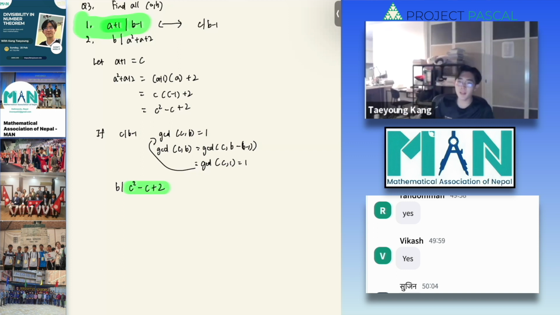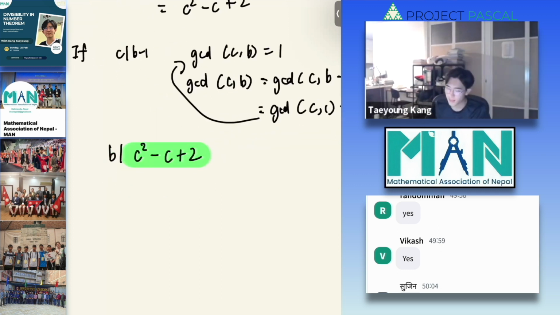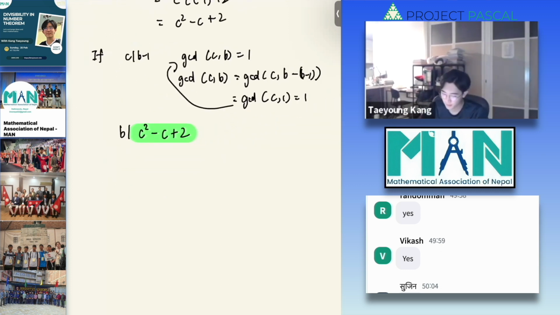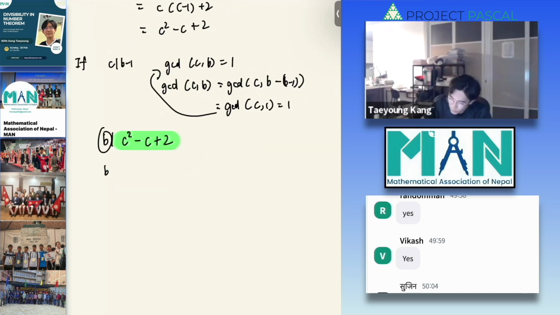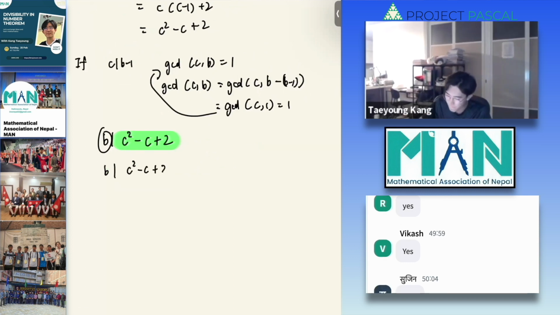So in some sense, the right-hand side is still bigger than the left-hand side. The way we can make the left-hand side a degree 2 expression is by noticing that B also divides C squared minus C plus 2 minus 2B.